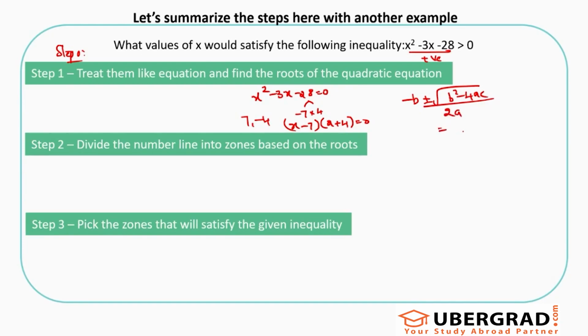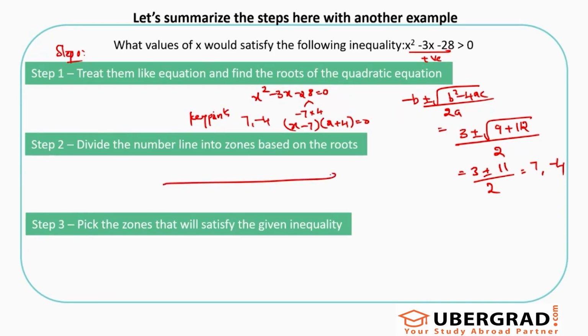So it will be 3 plus or minus square root of 9 plus 112, by 2. That's 3 plus or minus the square root of 121, which is 11, by 2. So 3 plus 11 by 2 is 7, or minus 8 by 2 is minus 4. That's what we got. So these are the key points for us. Now draw the number line and divide them.